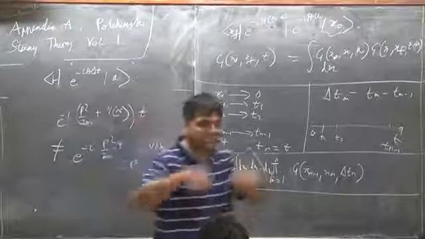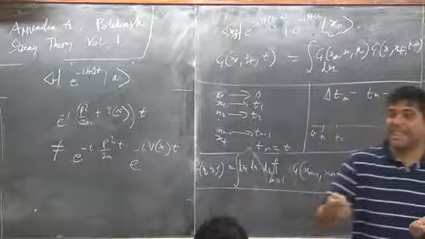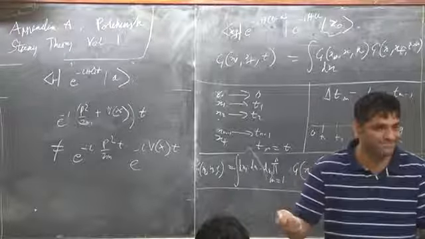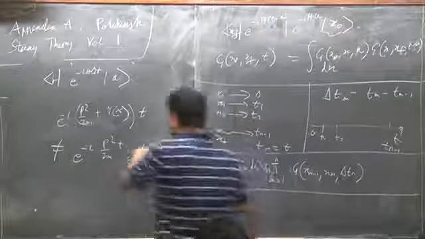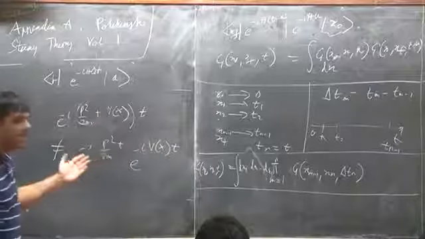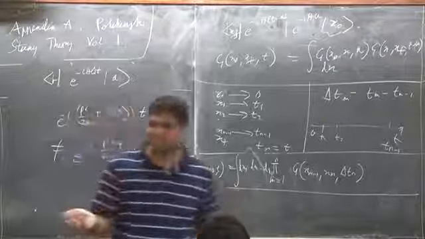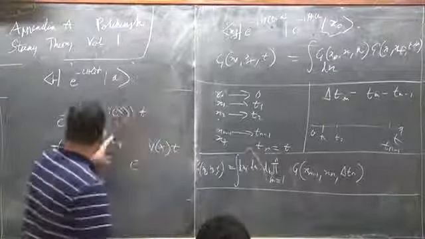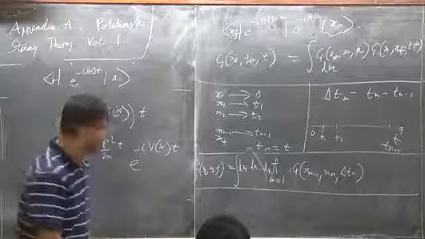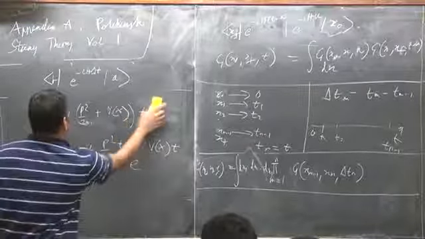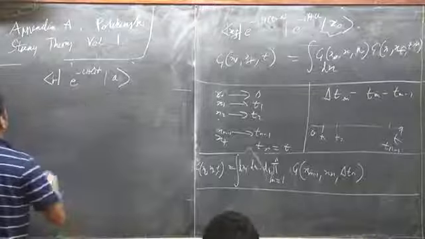The first correction involves that, and that's of order t squared. So if we're only keeping terms to order delta t, we can ignore the fact that these two operators don't commute. So you can write it as a product of two different operators. That's what we're going to do.